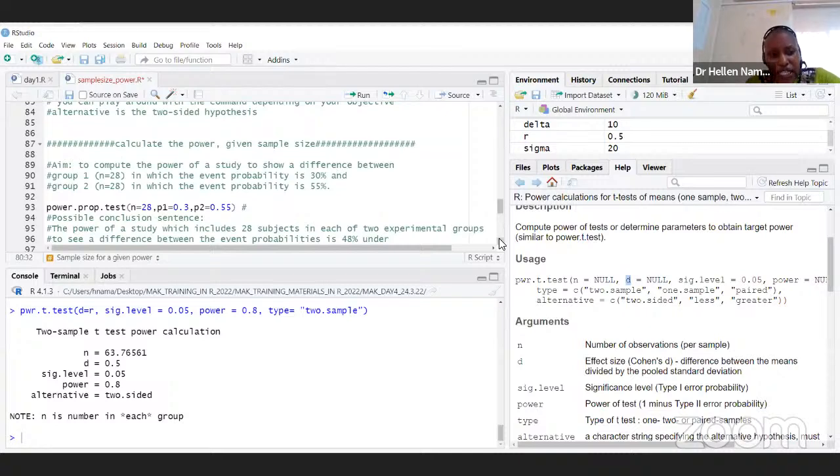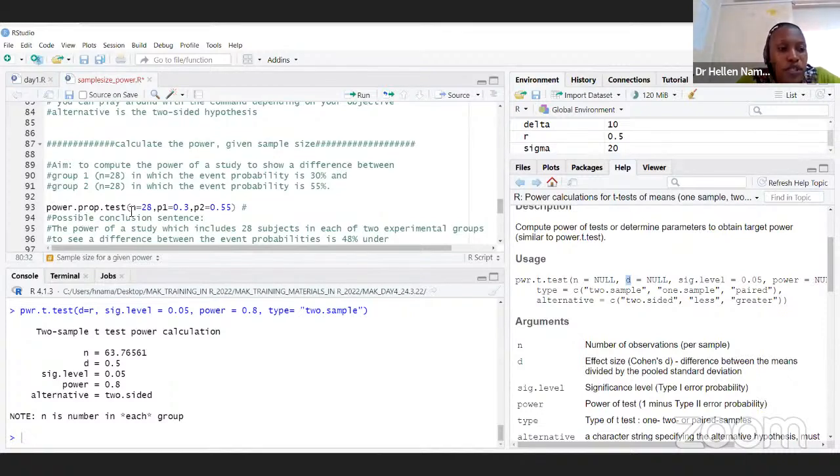Like I mentioned earlier, if you've got the power and you've got your effect size, then if you have those components, it is possible for you to compute N. But also, in case you've got N, you can get the power.